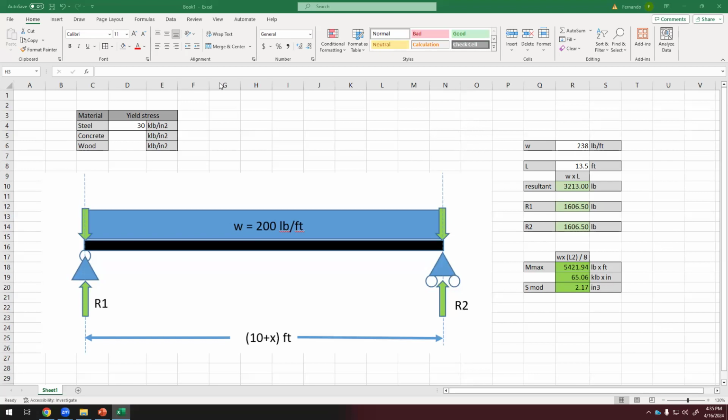Okay, let's do it. So we're going to calculate the slab. For the slab, we have length and width. No, length, depth or thickness, and we have the weight.